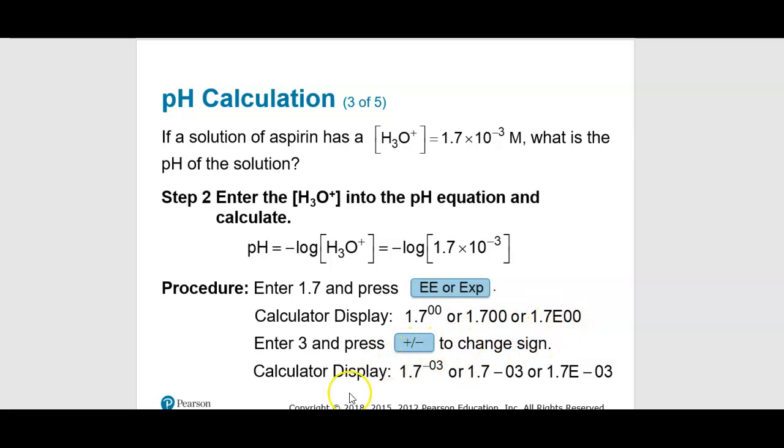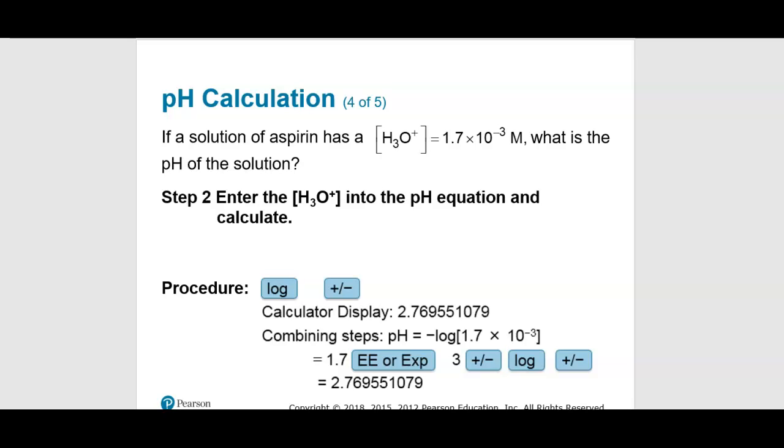Then you change the sign of the exponent, and the calculator display is going to be 1.7 times 10 to the minus third. Then you hit the log key, and that gives you a negative number, and you change the sign, and you get 2.769 and change.